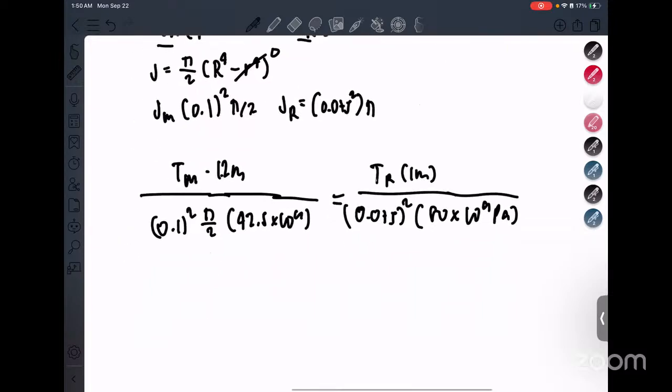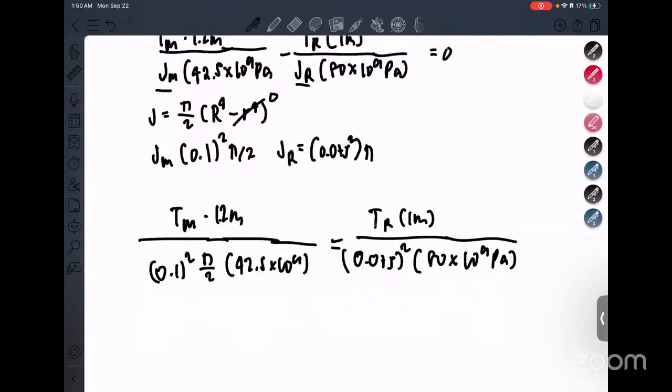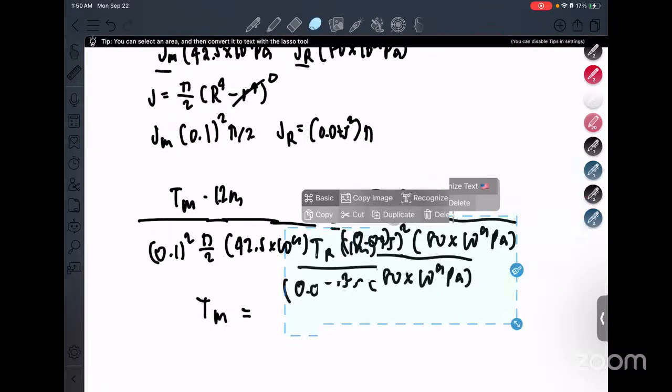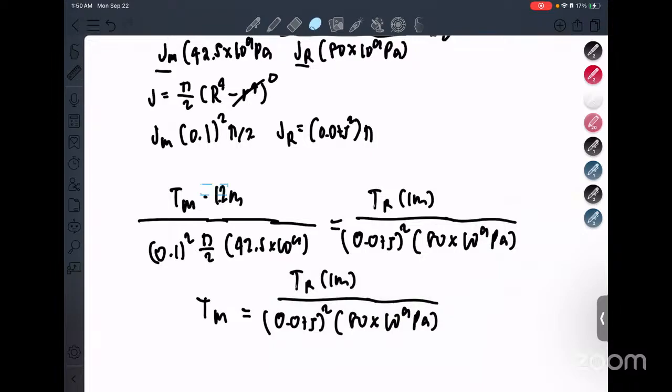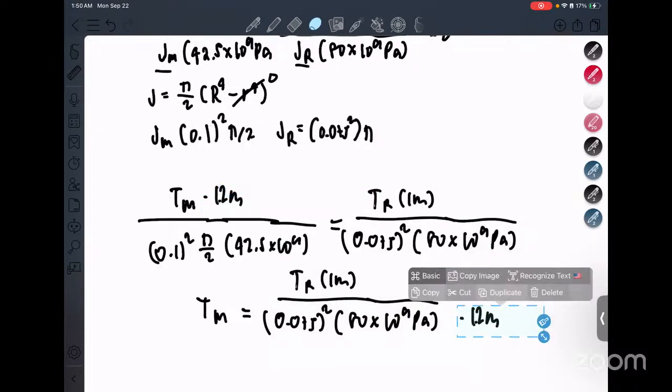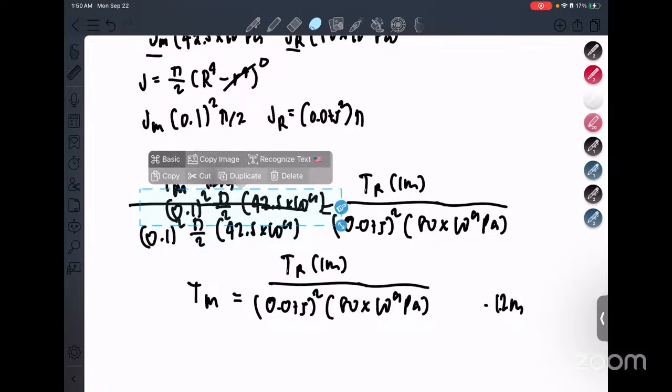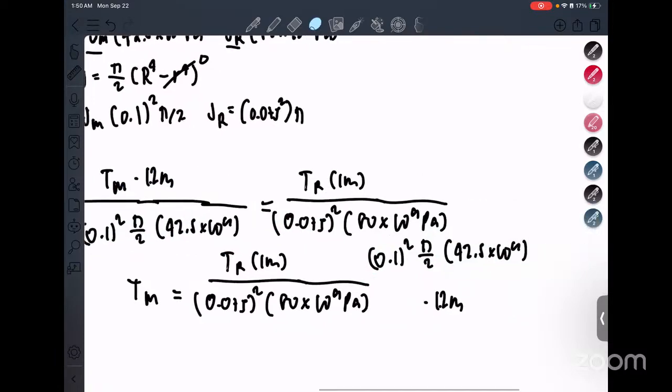What you'll do algebraically is isolate this to Tm. This is equal to this whole thing and then the reciprocal of this thing, that's just what it means to transpose.